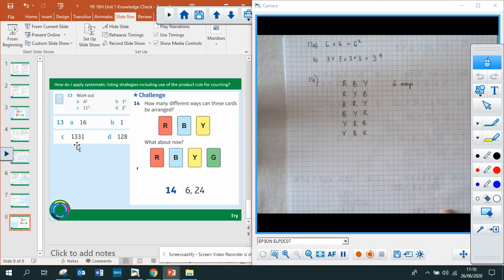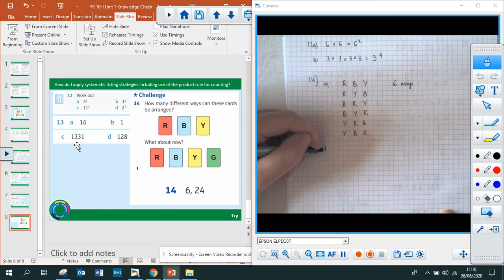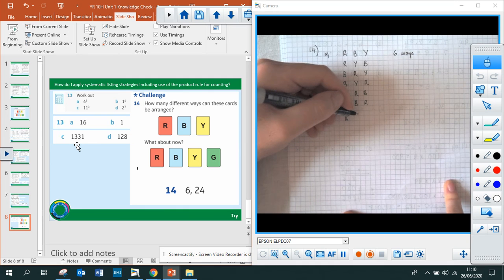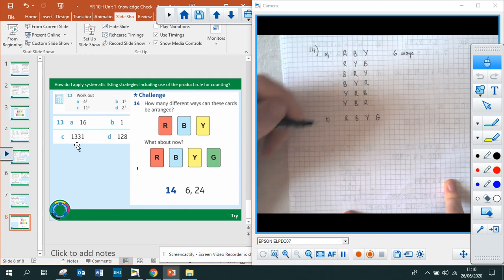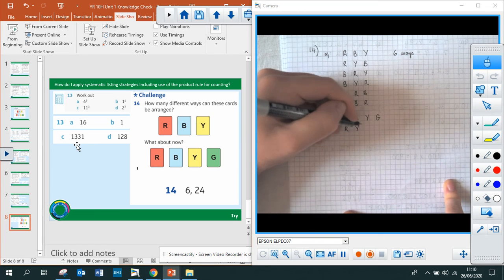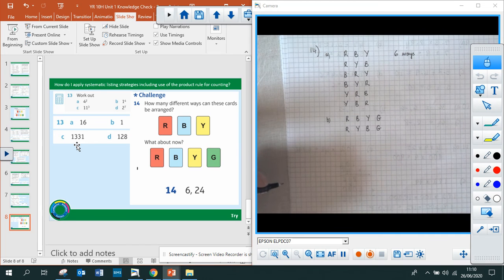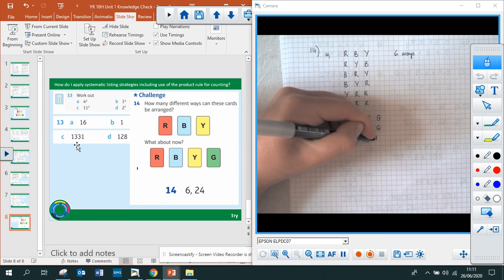Then it says, what about now? Okay, so what about now? So that was part A, say. This is part B. So what about now that we've got red, blue, yellow, and green? Well, we can start with red again and have red, yellow, blue, green. Or we could have red, yellow, green, blue.